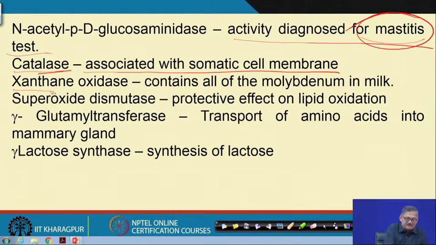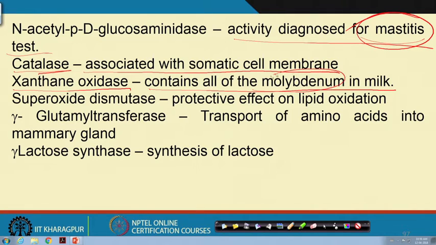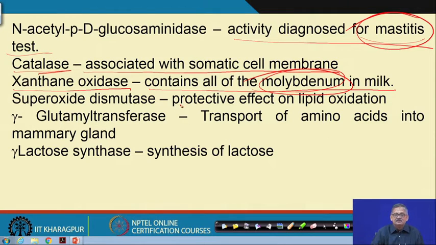Xanthine oxidase contains all of the molybdenum in milk. Whatever molybdenum is present in milk, it is available in xanthine oxidase.